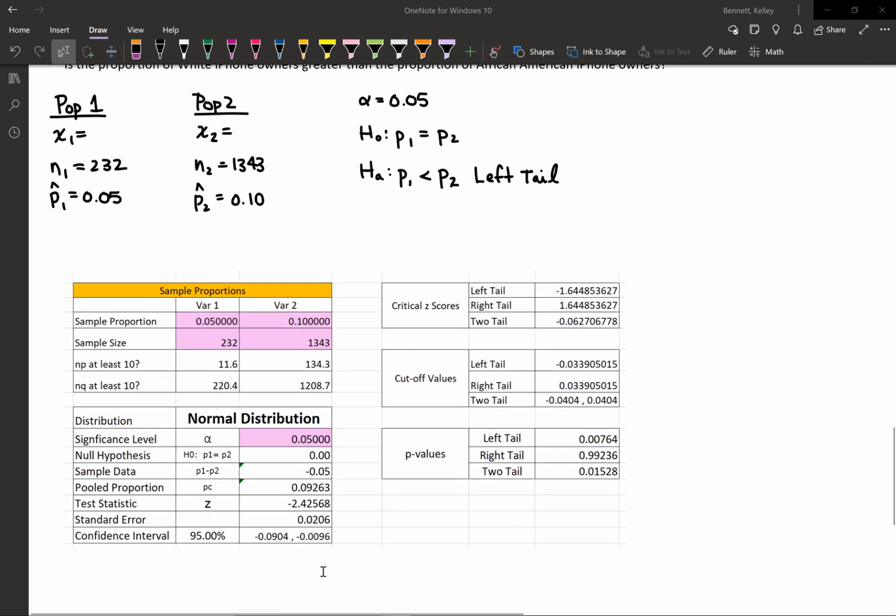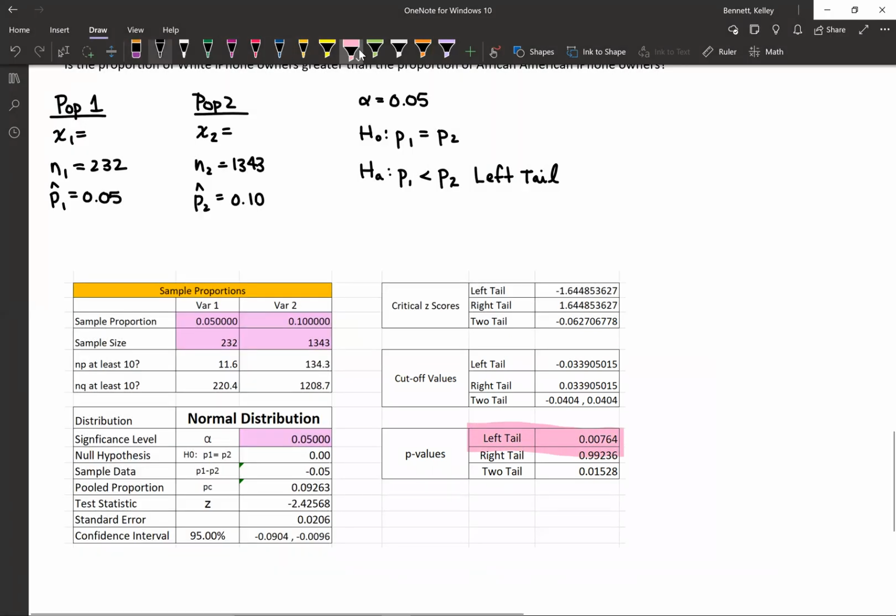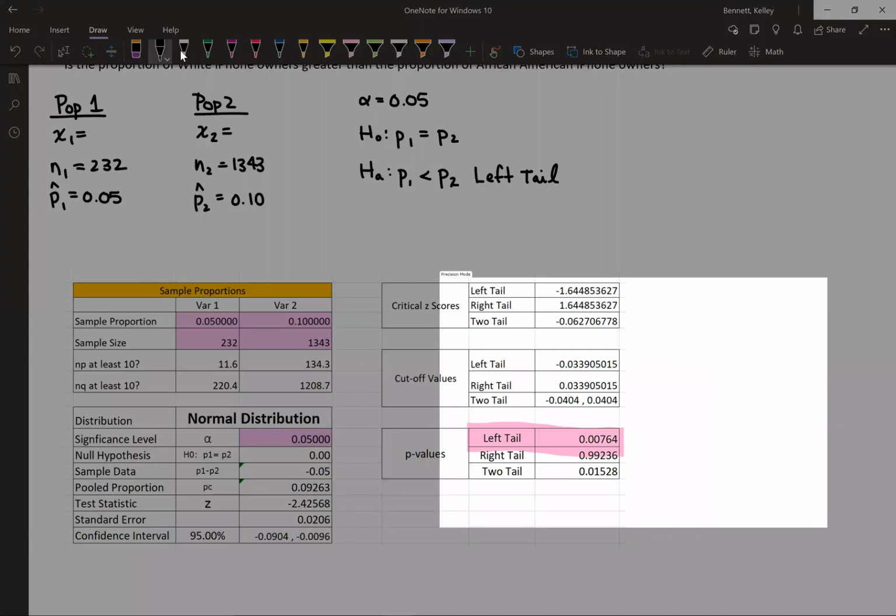Let's see. We know we're looking at a left tail test. So for a left tail test, that's over here. And behold, I indeed will reject the null hypothesis. So I've got my p-value for a left tail. That was 0.00764. Comparing that to alpha at 0.05 or 5%, you can definitely see the p-value is smaller.